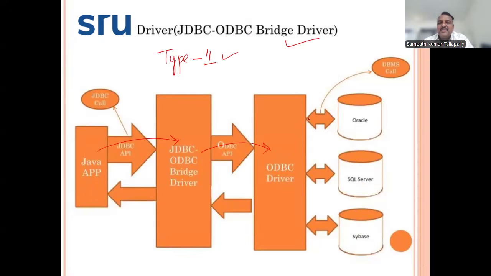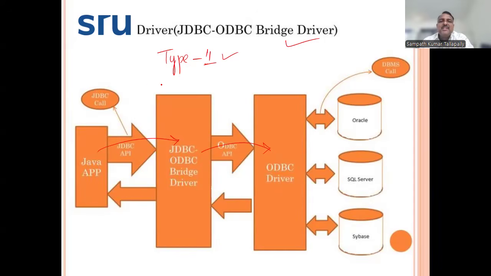Now if you can see this diagram, we have an interaction between your ODBC driver and the databases. So we have a DBMS call here. It means that whenever I submit a query, that query is going to interact with your database directly, and it is going to execute that particular query on the engine, where it is going to generate the data, and the data is sent back to your Java application.